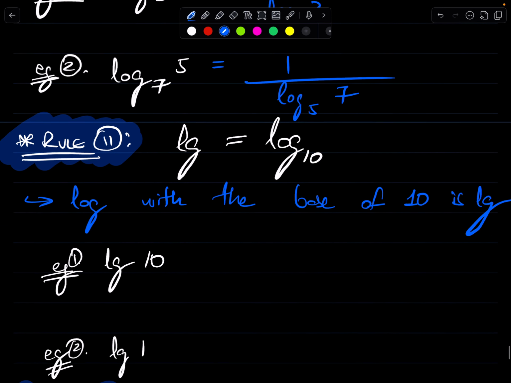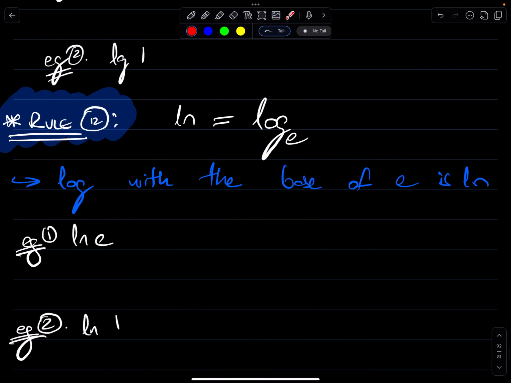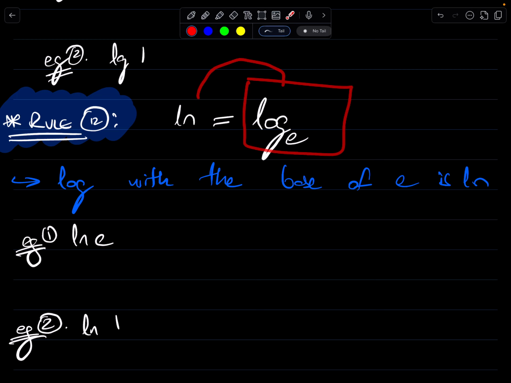And then we have rule number 11. That is simple. Lg is simply used to represent log base 10, or in other words, log base 10 can be represented as Lg. Similarly, we have another rule, that is log base e will be represented as ln.